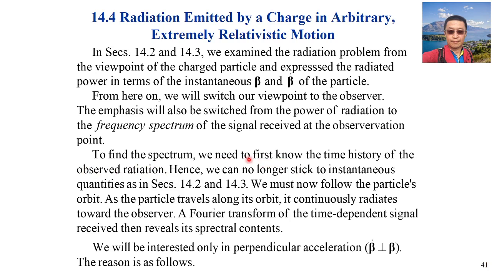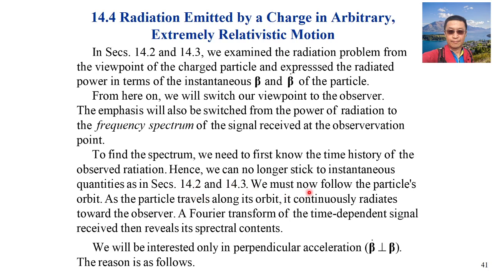So we need to know the time history of the observed radiation. Hence, we can no longer stick to instantaneous quantities, but to quantities we can measure. So not the instantaneous quantities of sections 14.2 and 14.3.